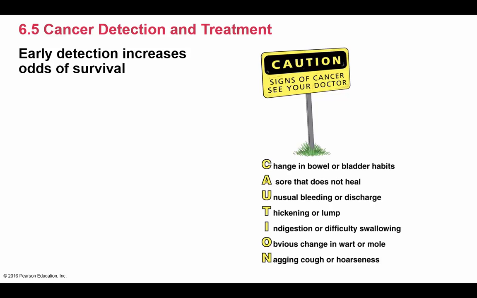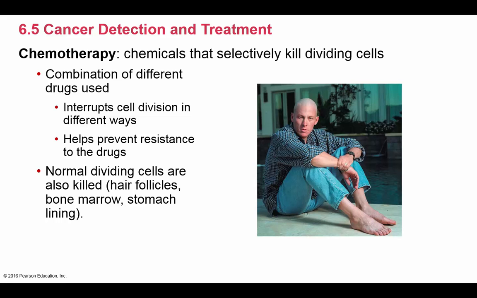I, indigestion or difficulty swallowing. O, obvious change in a wart or a mole. N, is there a nagging cough? Is there nagging hoarseness that just will not go away? And so if the answer to any of these is yes, for an extended period of time, then it might be something that you want to go and have checked out, because again, early detection obviously increases your chances of survival.